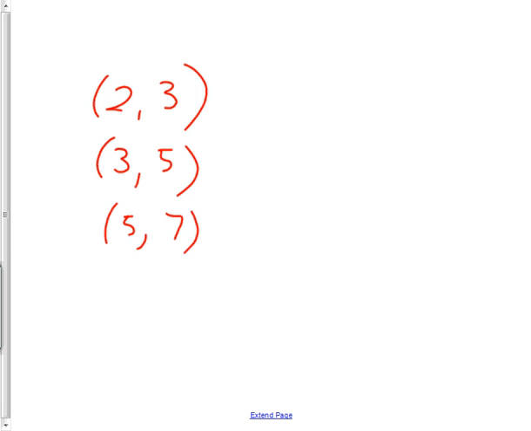But to be a function, you have to test and make sure that it doesn't break the rules for functions. Functions have one main rule, that any input must have only one output.